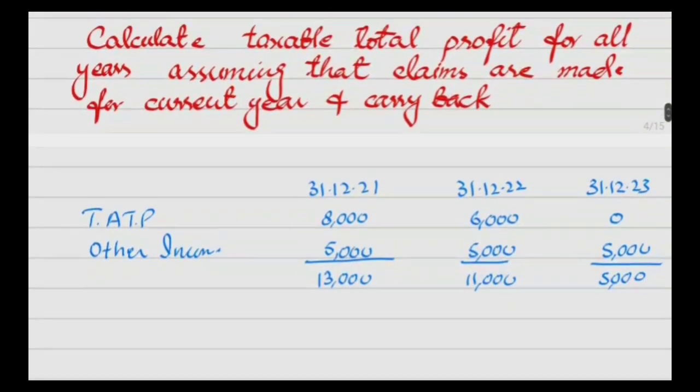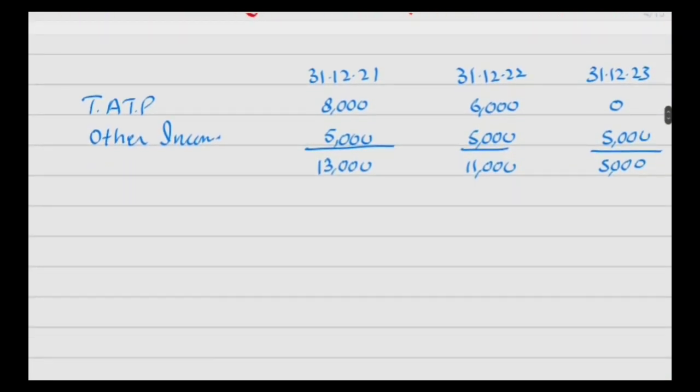QCD is 400 each. First we have to set off the losses against the current year profit. So loss relief हम ले रहे हैं current year profit के against, and that is 5,000, right? You have to make the loss memorandum here and mention in which period you are using this loss.